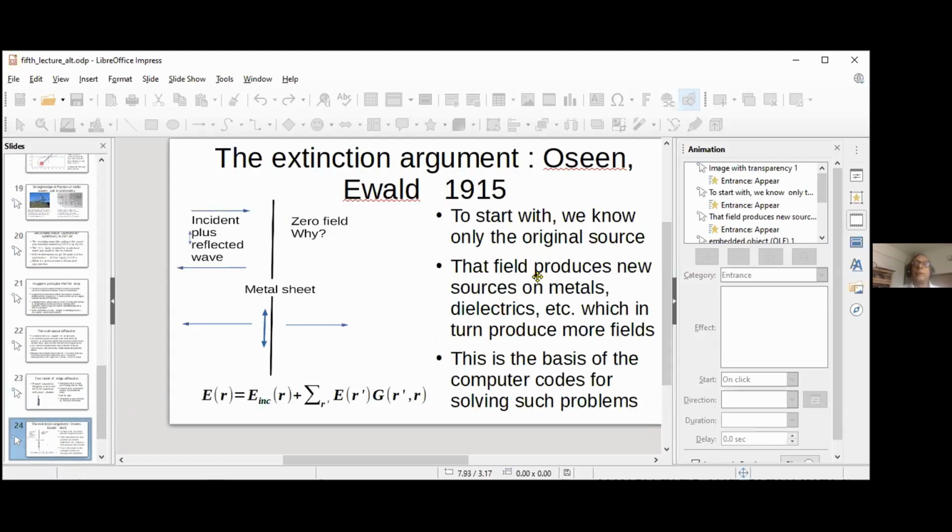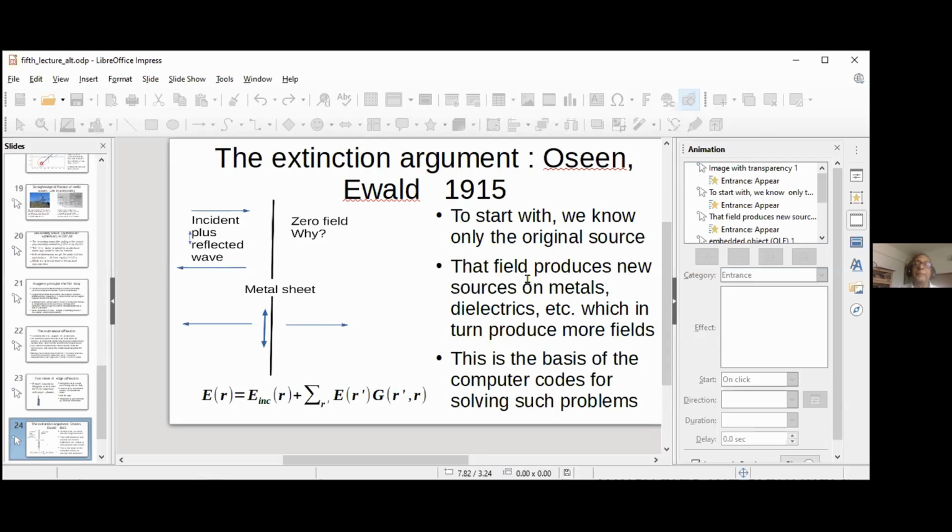So now, why don't people do this rigorous theory? Right? And the answer is, if you want to know what is happening on a piece of metal, it's not enough to take only the incident wave. There are other pieces of metal which are also radiating, and they will affect this piece of metal. Right? So your solution has to be self-consistent.